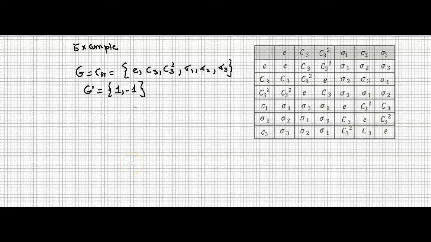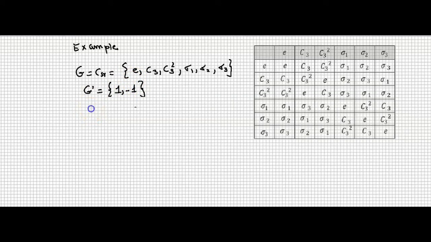So as an example of homomorphism, we'll consider the group C3V, that we considered before, and the group of two elements, 1 and -1 here. So these two groups are homomorphic. There exists a homomorphism between these two groups.